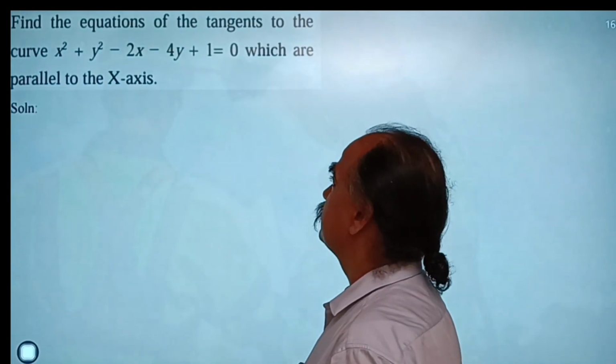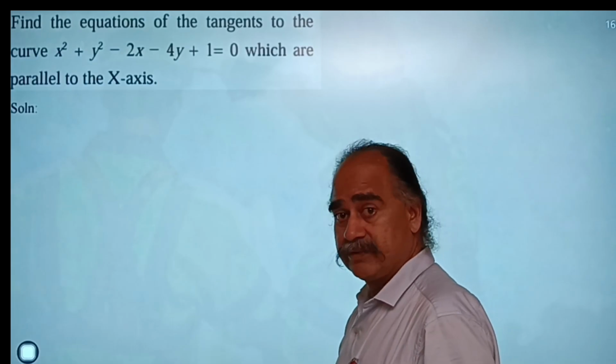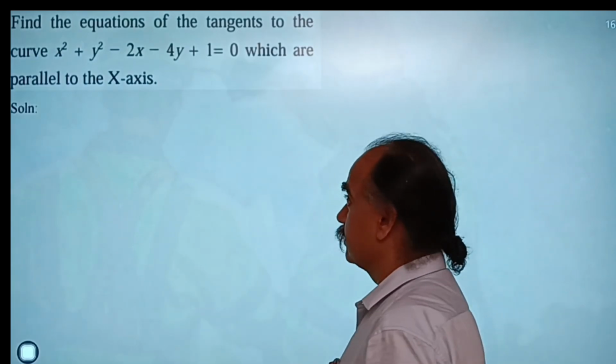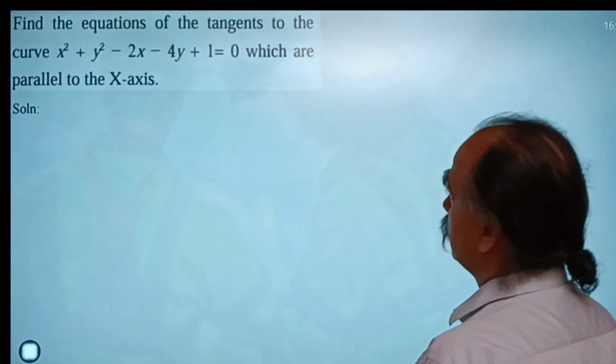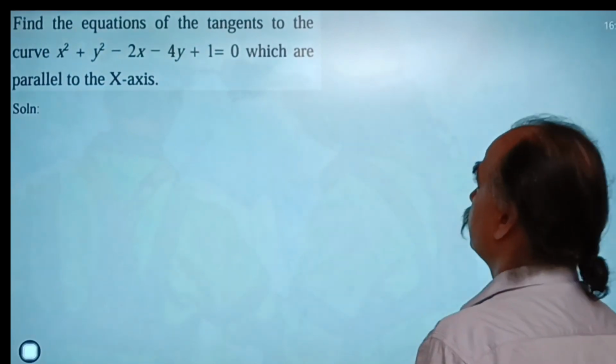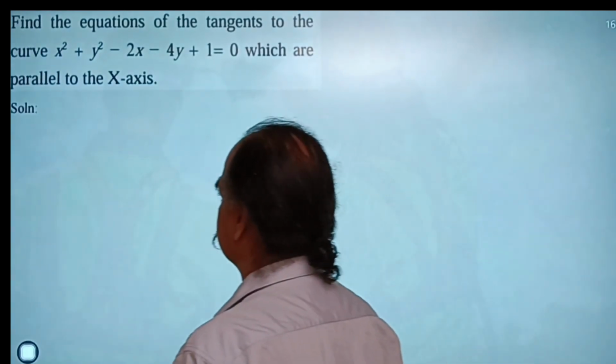Find equations of tangents to the curve x square plus y square minus 2x minus 4y plus 1 is equal to 0, which are parallel to x-axis.